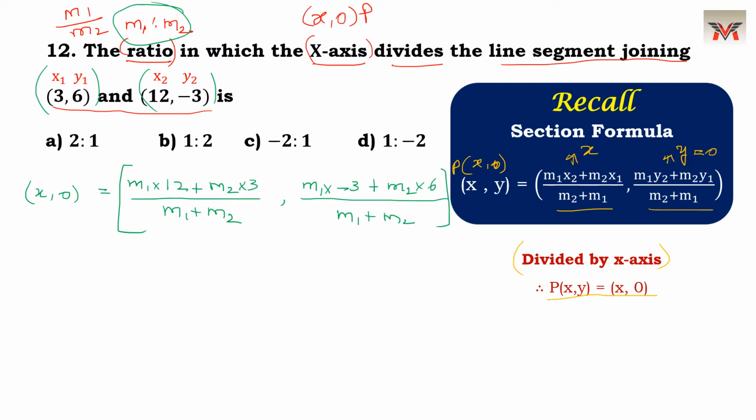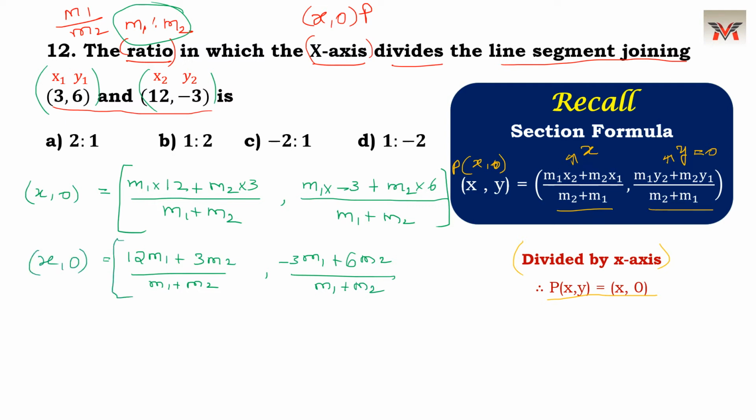When we simplify, what we get is (12 m1 + 3 m2) divided by (m1 + m2), comma, (-3 m1 + 6 m2) divided by (m1 + m2), and that is equal to (x, 0).